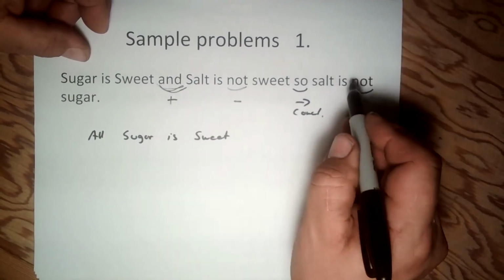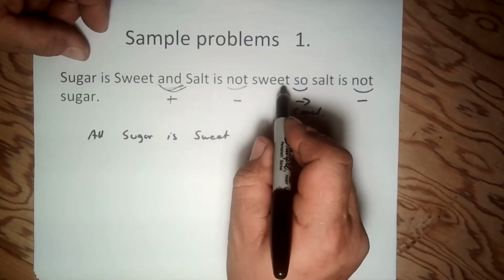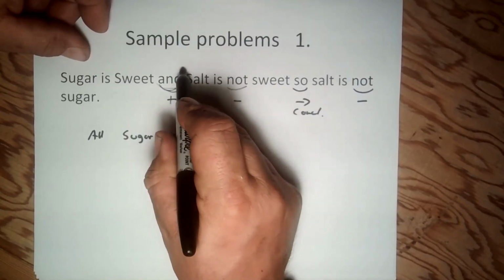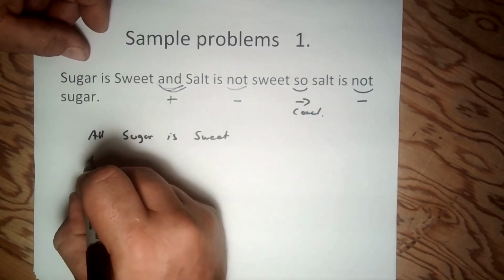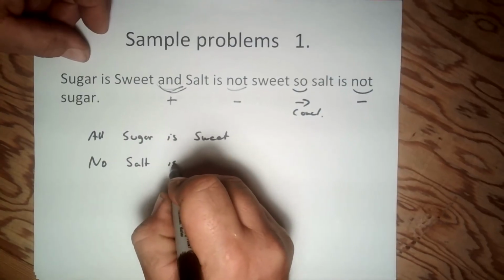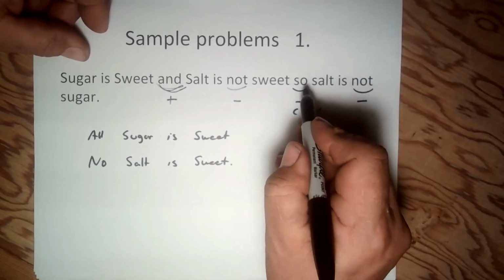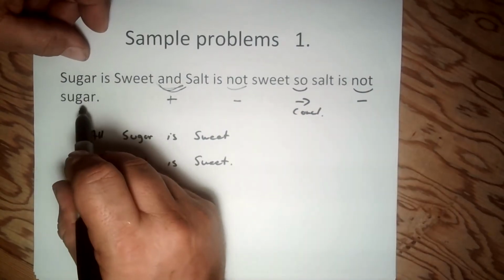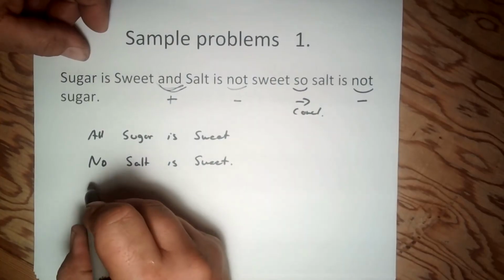And the new premise, all salt is not sweet, so that not has to get put in front, so it's no salt is sweet. So salt is not sugar, talking about all salt and how it's not sugar.